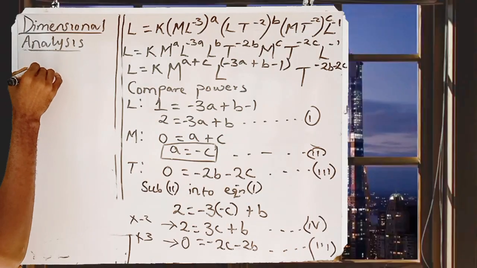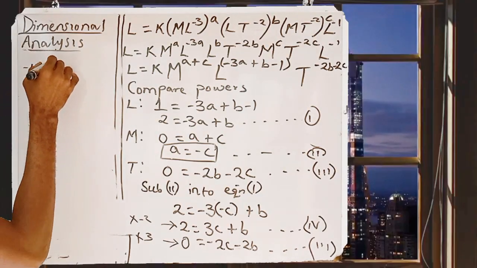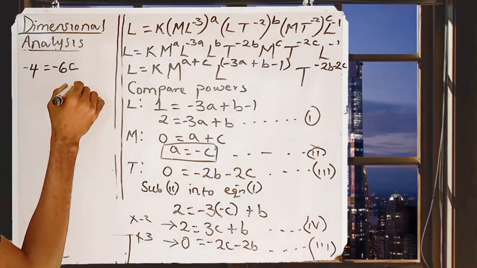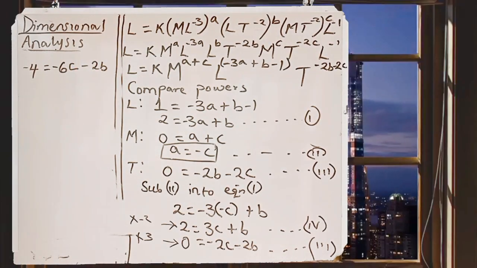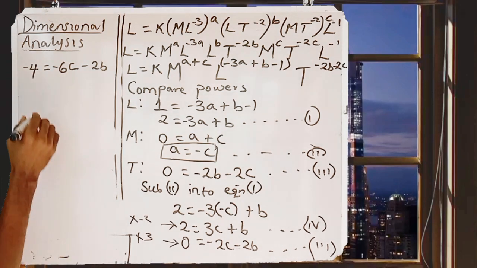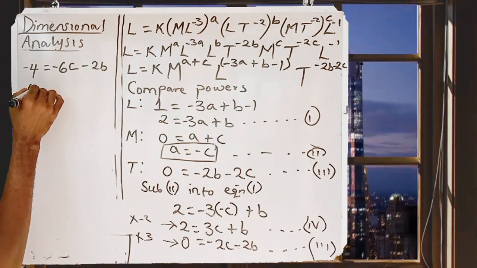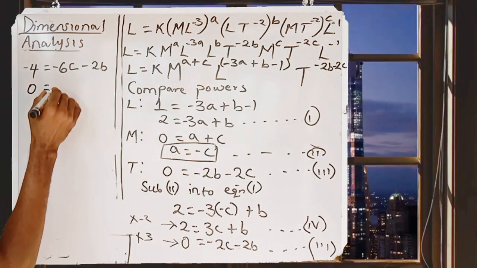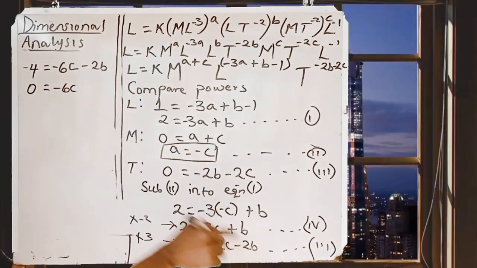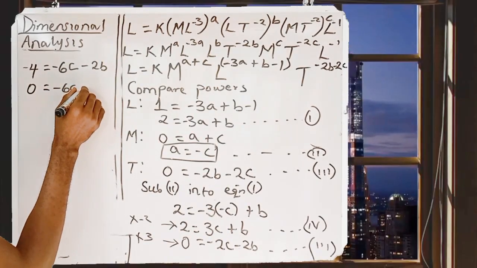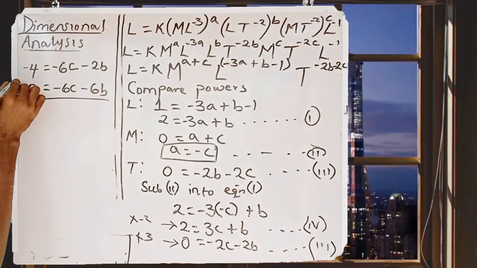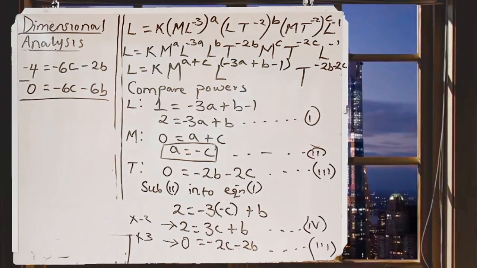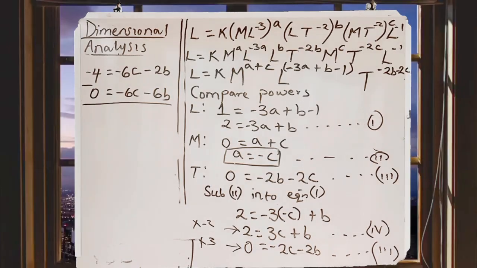Multiplying by minus 2, I get minus 4 equals minus 6c minus 2b. When the lower part is multiplied by 3, I still have 0 here equals minus 6c minus 6b. At this stage, we subtract both equations in order to eliminate the c.